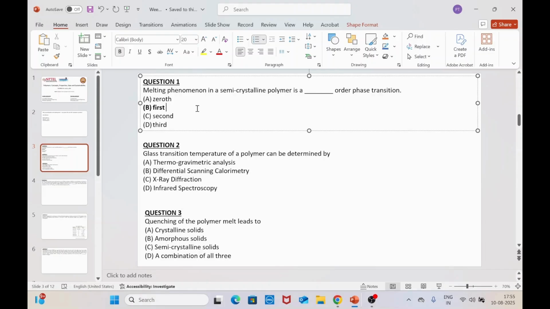That is fine, but how many of us actually have an understanding of what a zeroth order, second order, or third order phase transition is, and any examples? Crystallization is first order, so melting is also first order. But what about zeroth, second, and third order phase transitions?